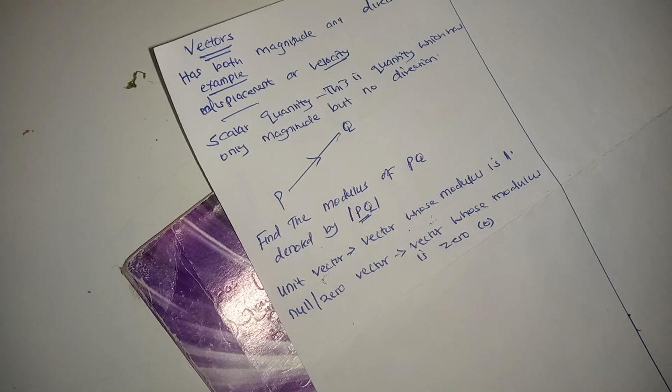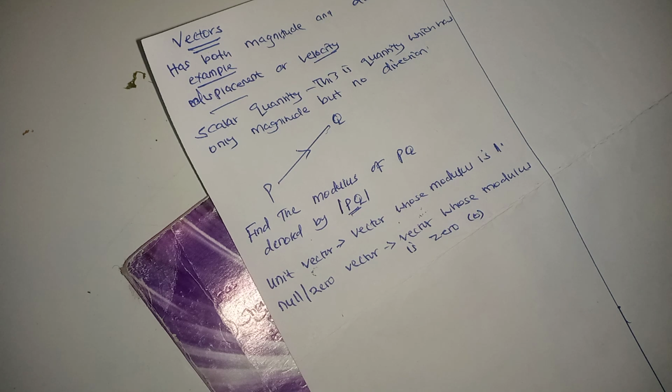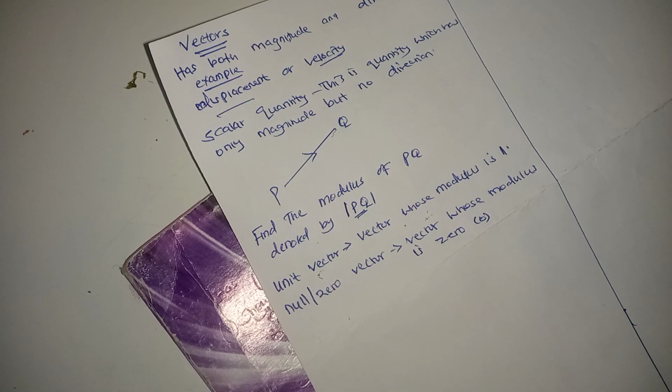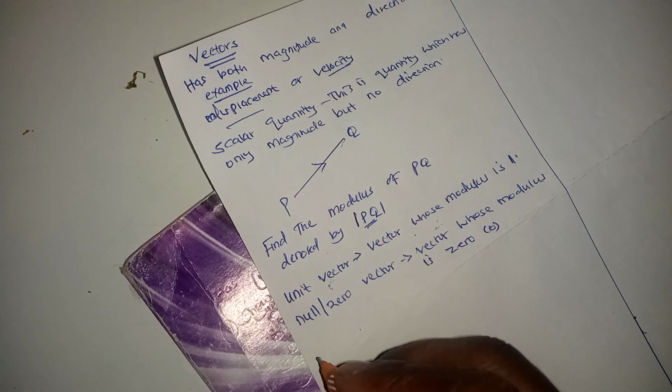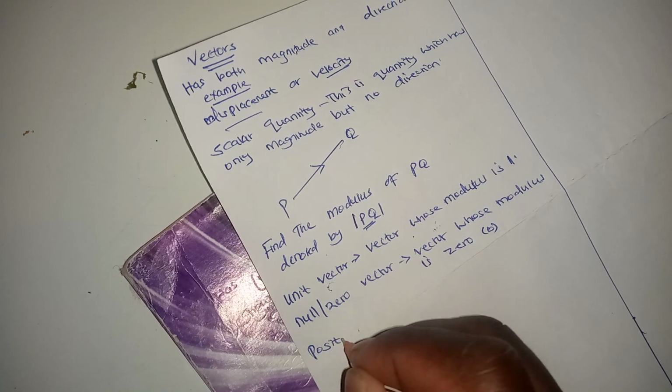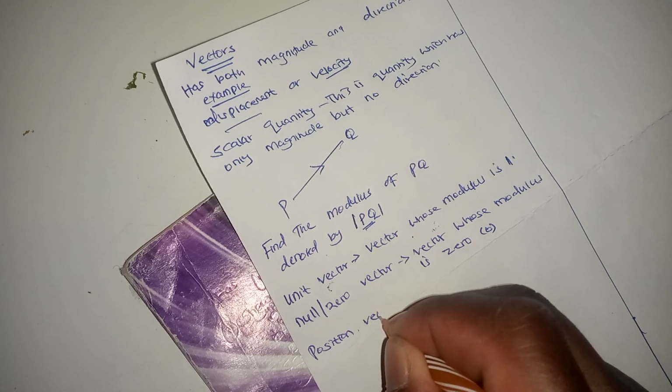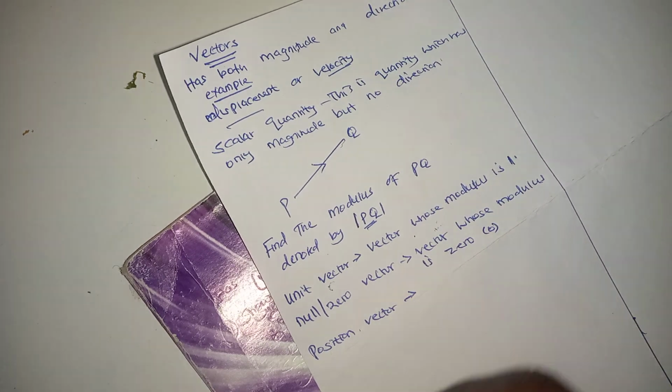Now a vector OR, which defines the position of a point R from the origin, is called a position vector. So we can define a position vector.